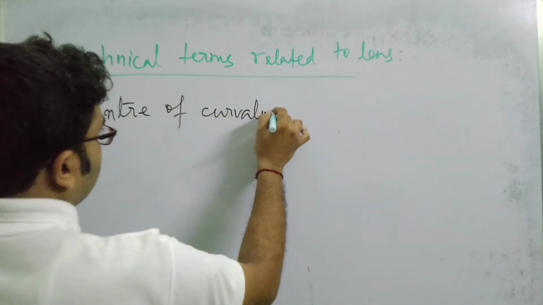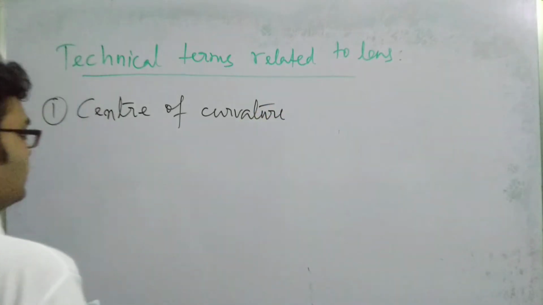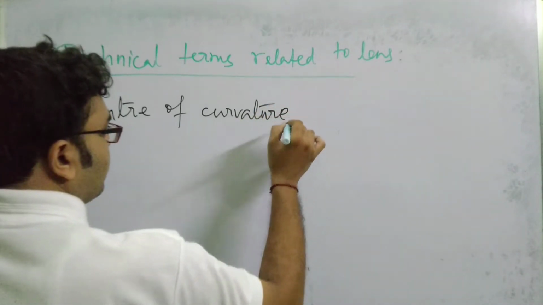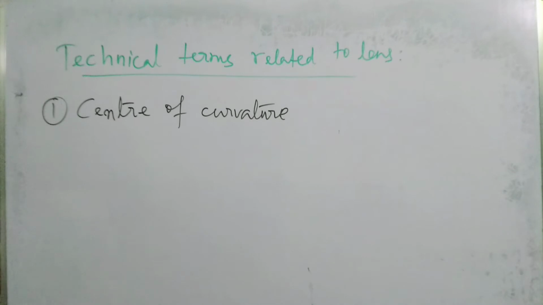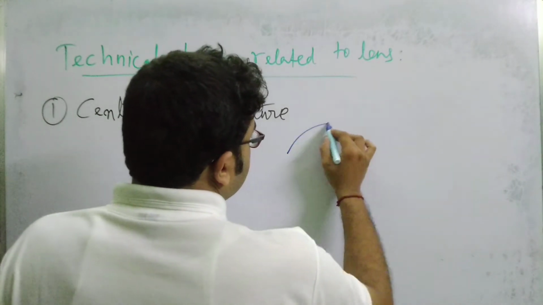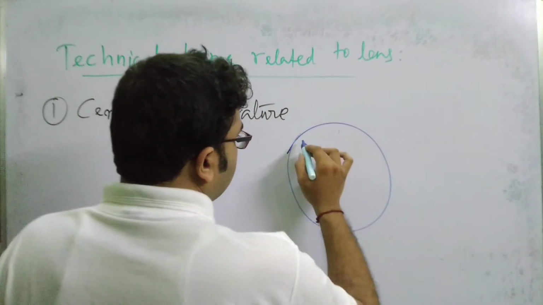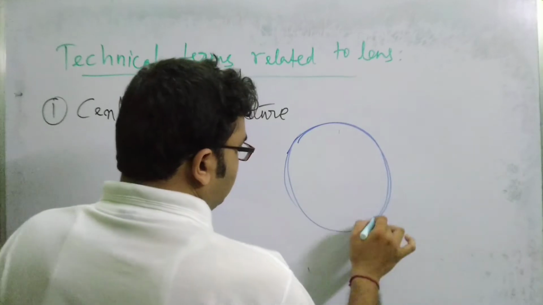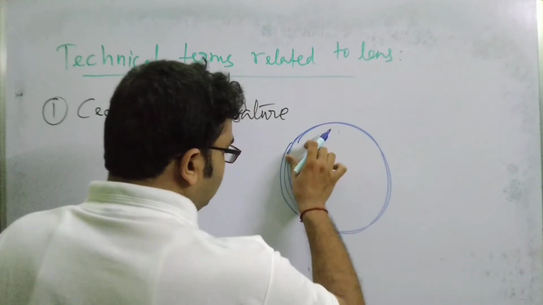See, we have already told that the lens that is being manufactured is a part of a large sphere. If we consider a sphere, definitely it has a center, isn't it? So, let us imagine a sphere. This is a sphere, not a circle. We are actually trying to imagine the 3 dimension in 2 dimension.